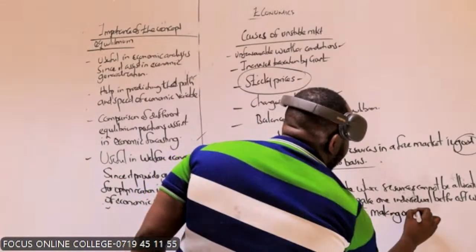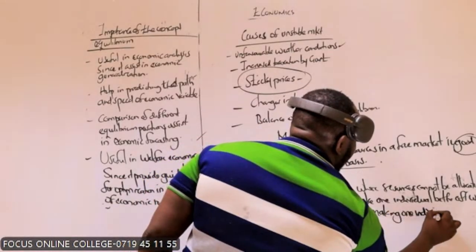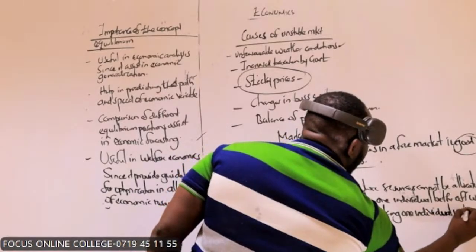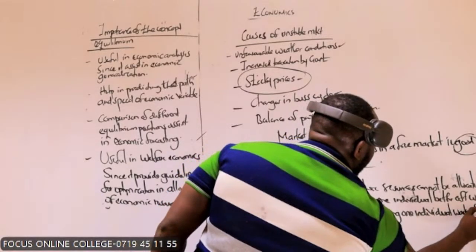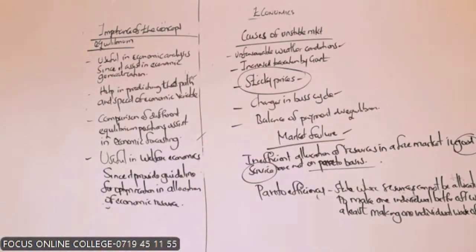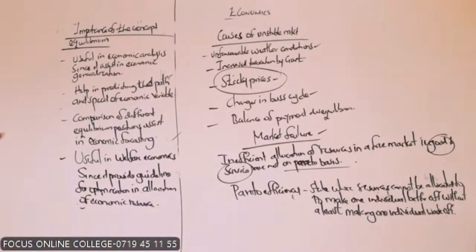So we just say it is a state where resources cannot be allocated to a pension scheme.